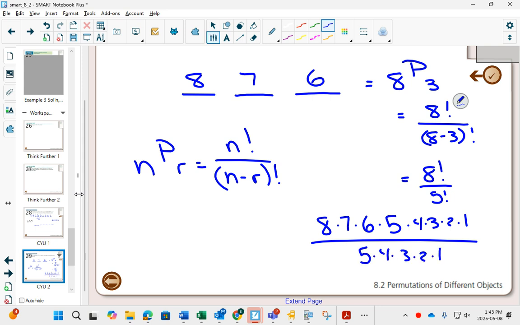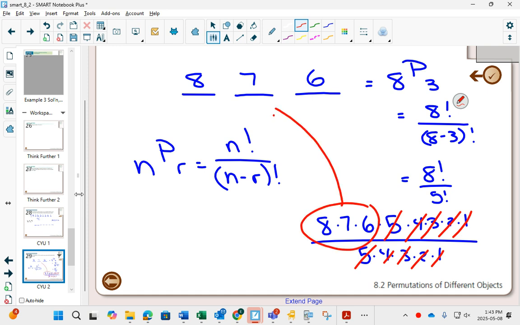But you see that if you write it all out, the 5's would cancel, the 4's would cancel, the 3's would cancel, the 2's would cancel. That would all simplify and just give you the same thing we found with the spaces. And for the most part, I still think the spaces are actually easier than the formula.